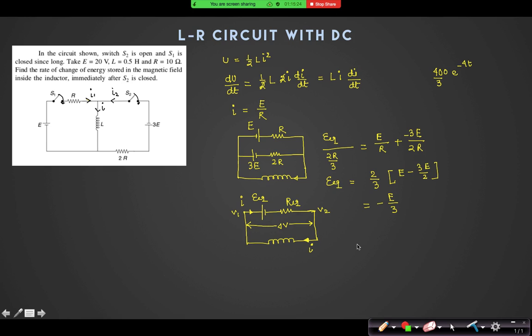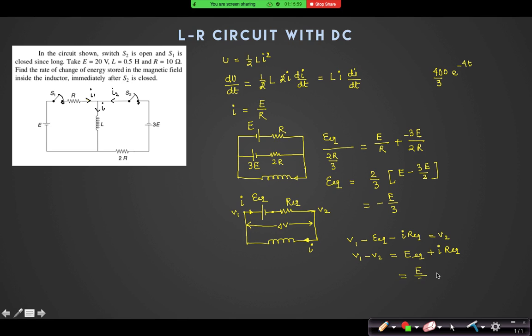So can I say V1, this will be minus E equivalent, going positive to negative, minus I R equivalent is equal to V2, yes or no? So V1 minus V2 is E equivalent plus I into R equivalent. I've already changed the polarity, so no need to take the negative sign.